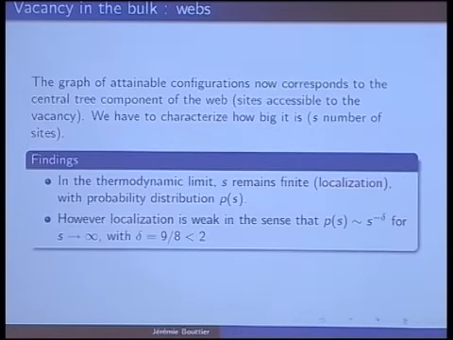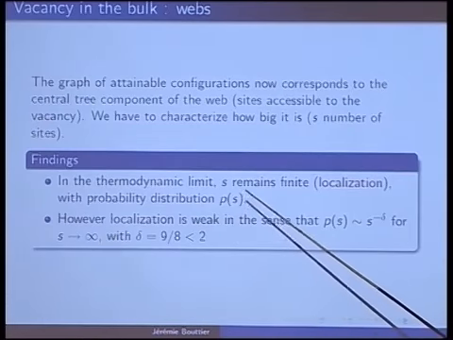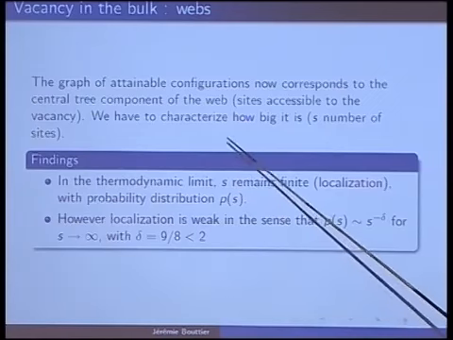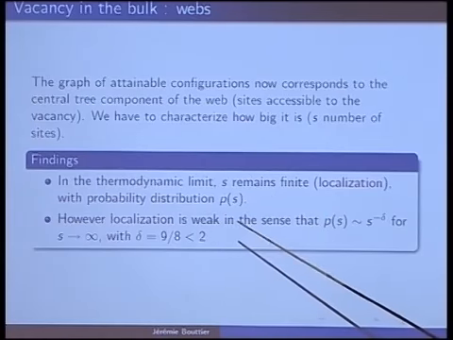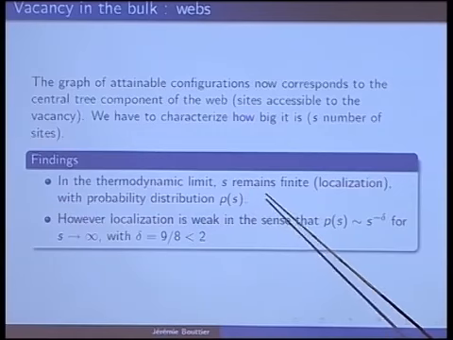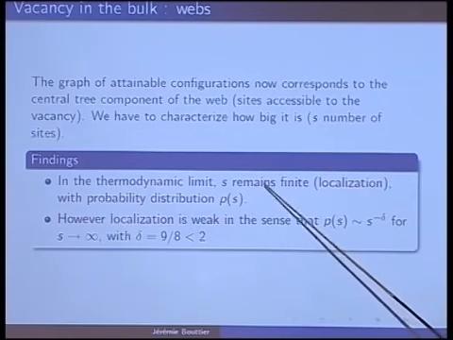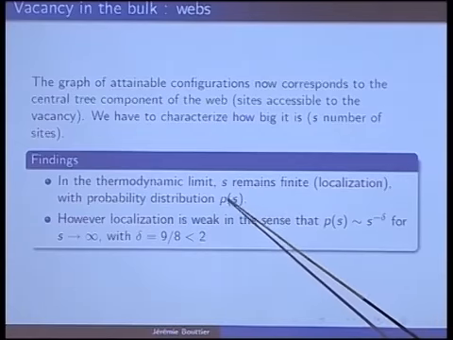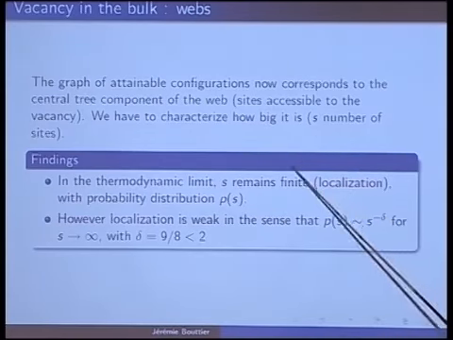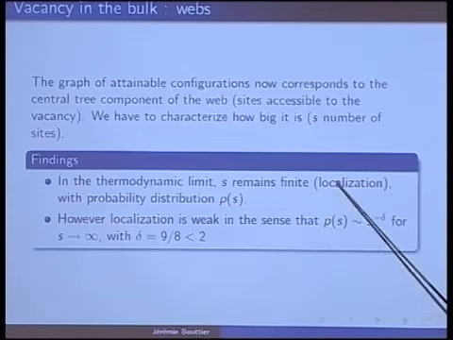So I just state the results. In the limit where you start with a vacancy in the bulk and take the dimensions to infinity, you realize that in the almost sure sense, the number of sites in the tree component remains finite, and this is what I call localization.